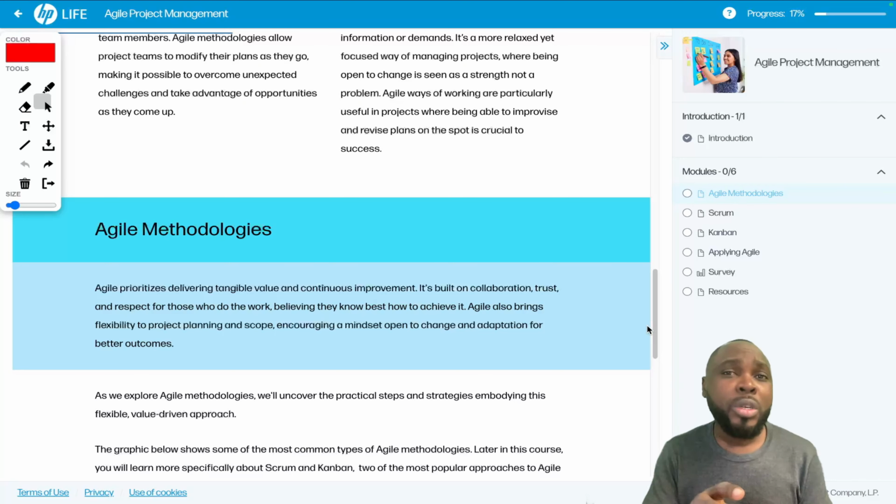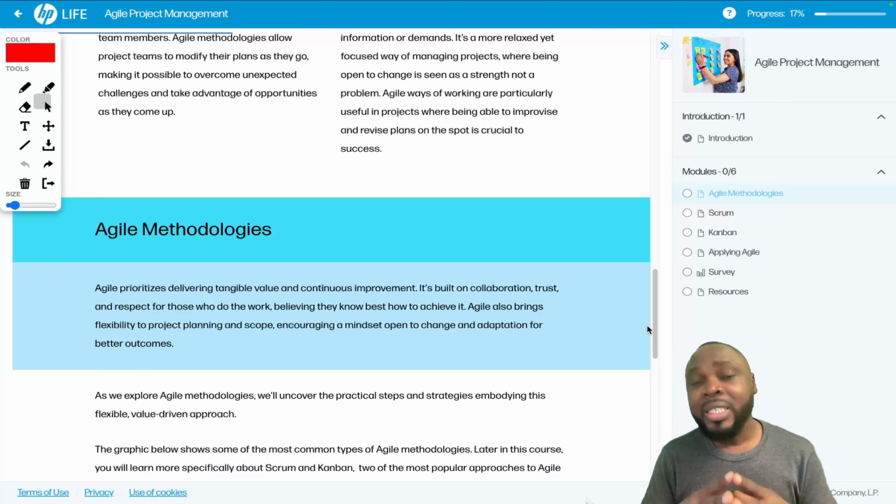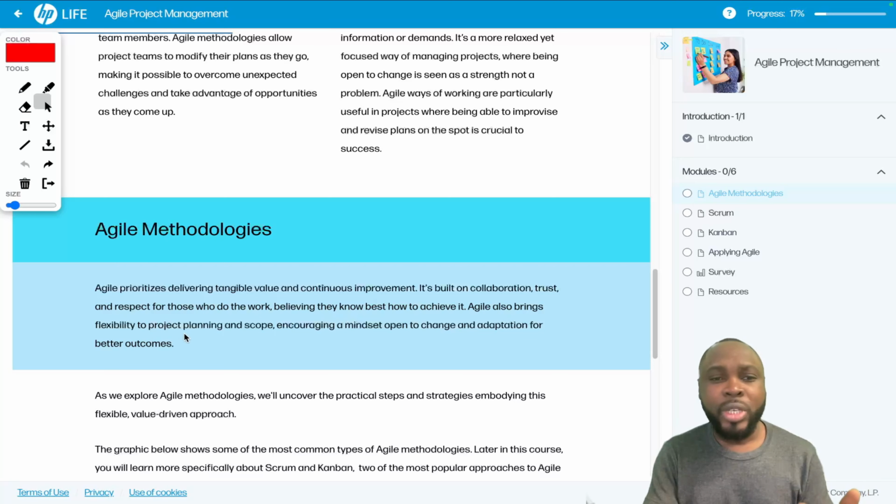You believe people understand and know what they are doing, and you allow them to do what they are doing the best way they know how to do it. So it encourages collaboration. It encourages respect for the people who are doing the job, and believing they know best how to achieve it. Agile also brings flexibility to project planning and scope, encouraging a mindset open to change and adaptation for better outcomes, for better results, for better products.